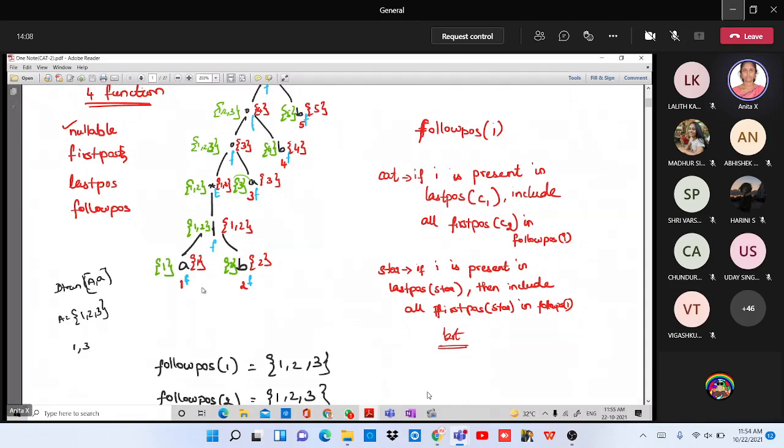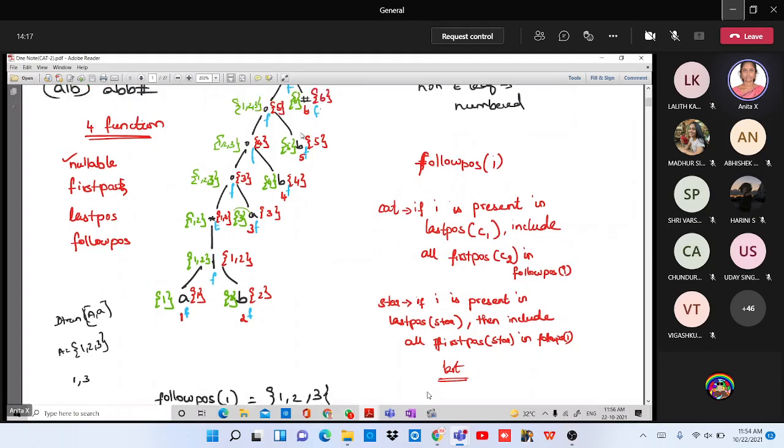For follow position, we'll be finding only for the numbered leaf nodes, that is, we have to find follow position of 1, 2, 3, 4, 5, and 6. How are we going to find the follow position of 1? I'll be getting the help of the cat node and the star node.